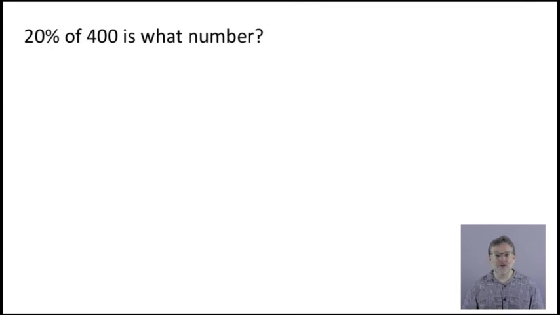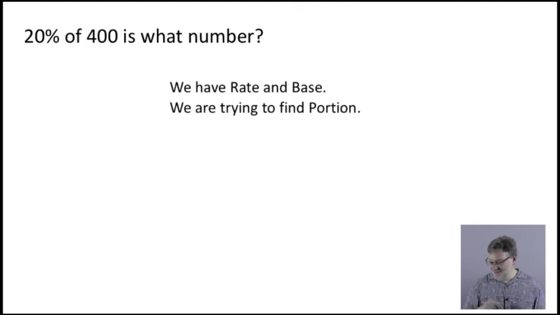So let's show some examples of how we use this. 20% of 400 is what number? Well, we know what the rate is. It's 20%. Again, we're going to represent that as a decimal. It's 20% of what number? So that 400 is the base. We know the rate and the base. We're trying to find the portion. So that shows us that we want to use this circle, like this.